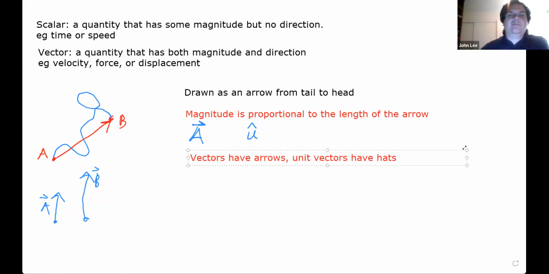So if you have some quantity A in the unit vector direction, then the unit vector direction can be pointing in, say, the x-axis or the y-axis or whatever, and the magnitude of the vector is going to be the magnitude of A in the unit vector direction. So that's why we use unit vectors.